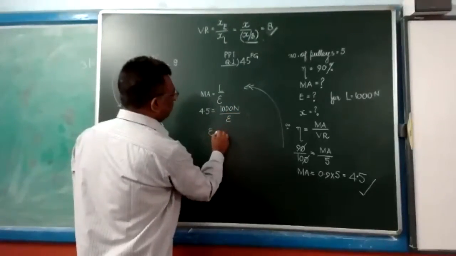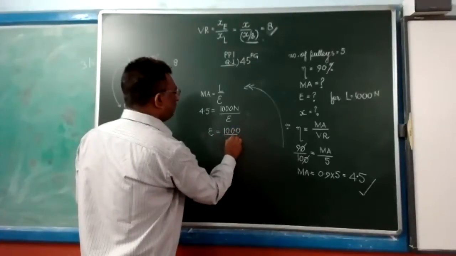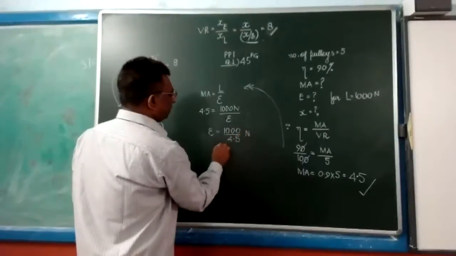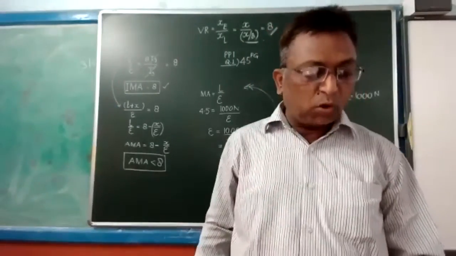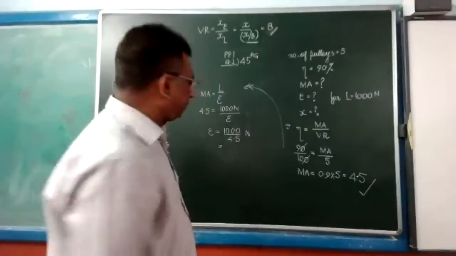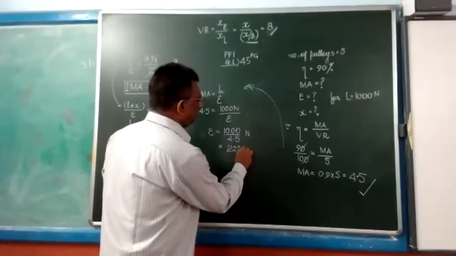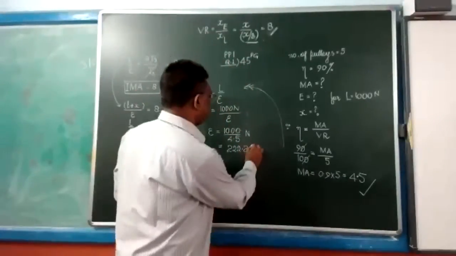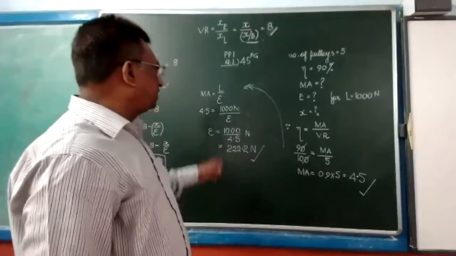So effort equal to 1000 Newton divided by 4.5. If you simplify, the result will be 222.2 Newton. Please verify the answer. This is the answer to the second part.